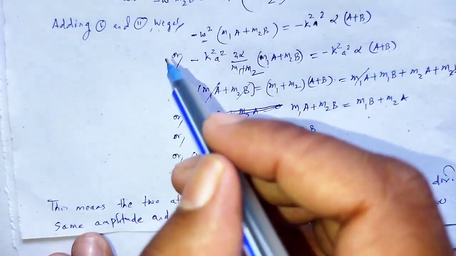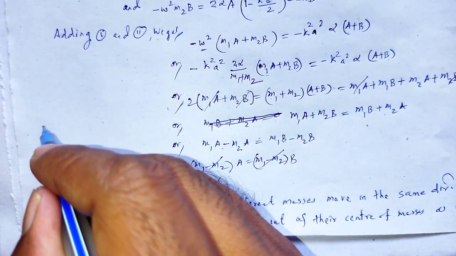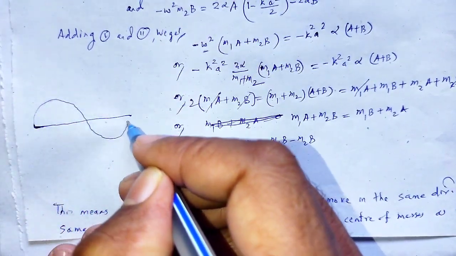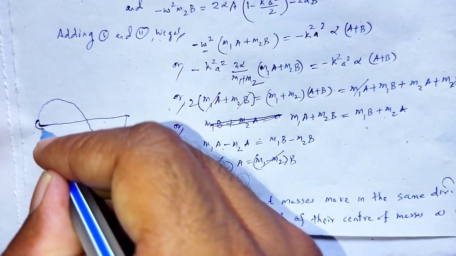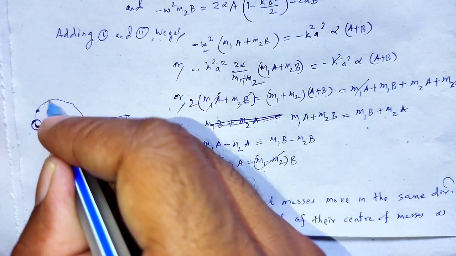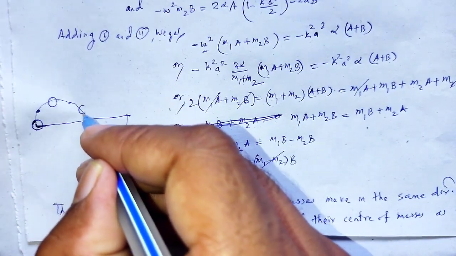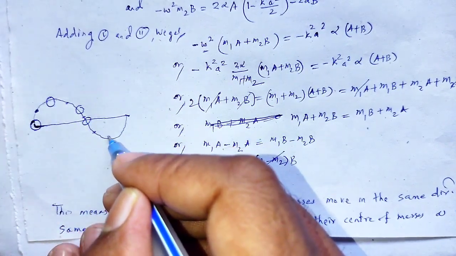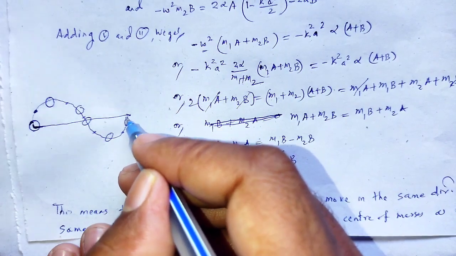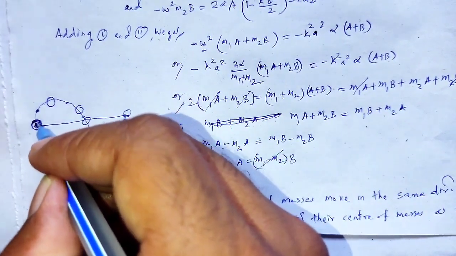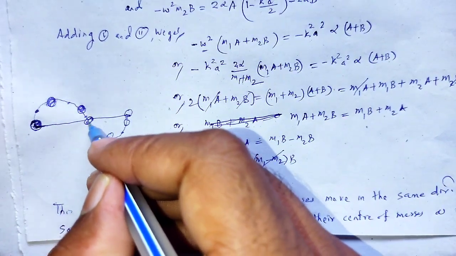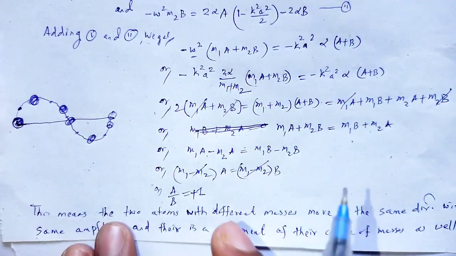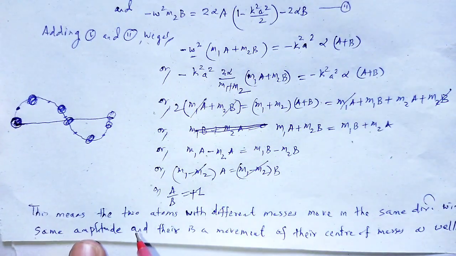Graphically we can show it for the acoustical branch: one big another small, one big another small. The movement of particles in the acoustical branch, each has the same amplitude and movement along the same direction.